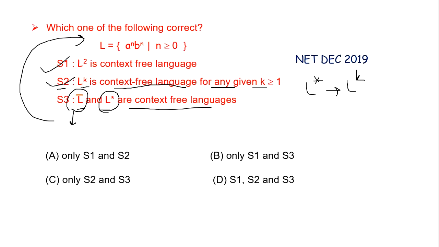And we can easily design a pushdown automata which rejects a raised to the power n, b raised to the power n and accepts all strings other than these strings. So again, L complement will be a context-free language. So all these three statements are true. So the right answer will be option D.